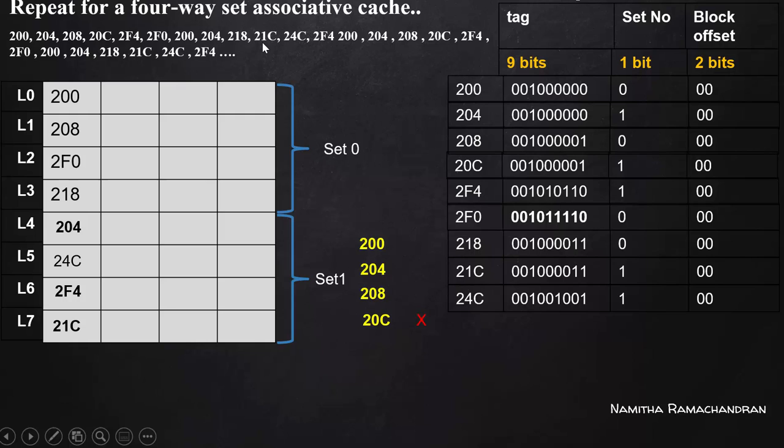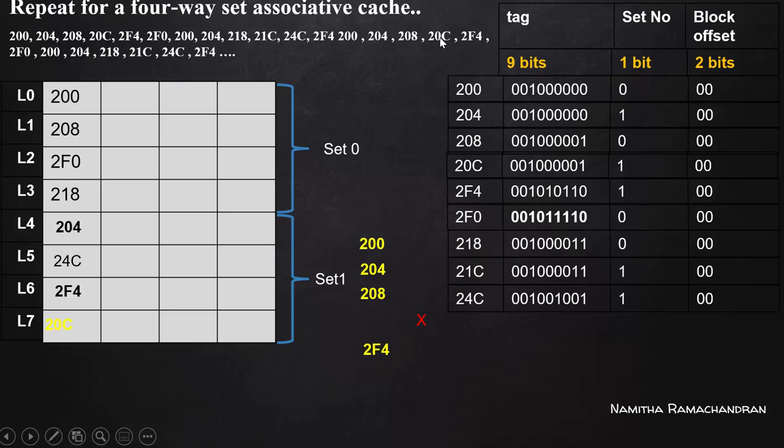So the least recently used is 21C. So we can remove 21C from the cache at line number 7 now and make space for the word that contains the byte address 20C. Right? So make room here and place the word that contains 20C into set number 1 at line number 7. This is the case of cache miss.